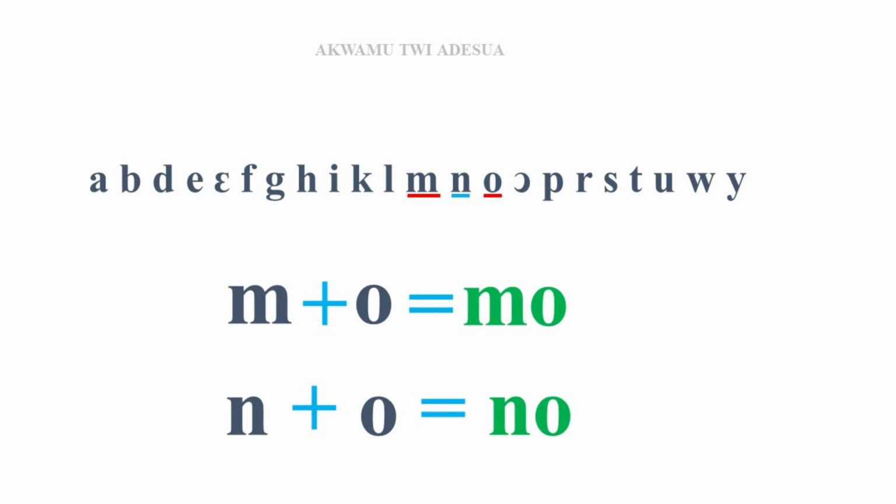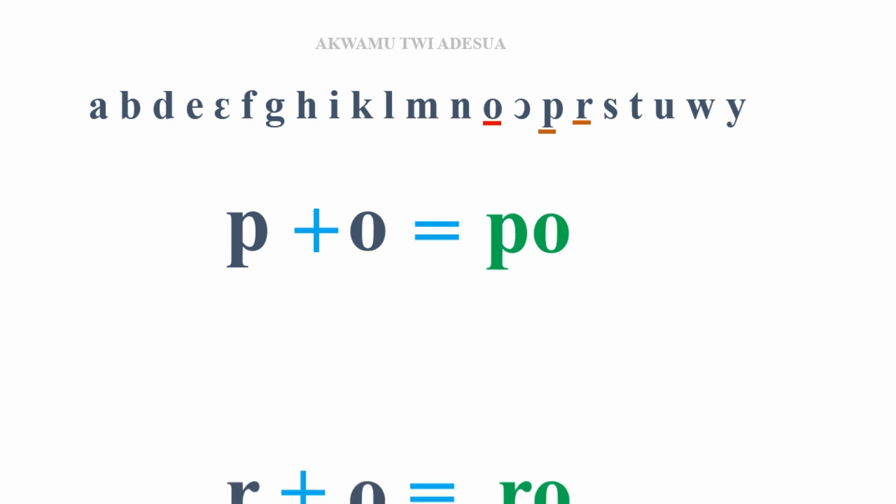N plus O, which is the N, and the O will also give us No. P plus O, which is the P, and the O will give us Po. R plus O, which is the R, and the O will give us ro.